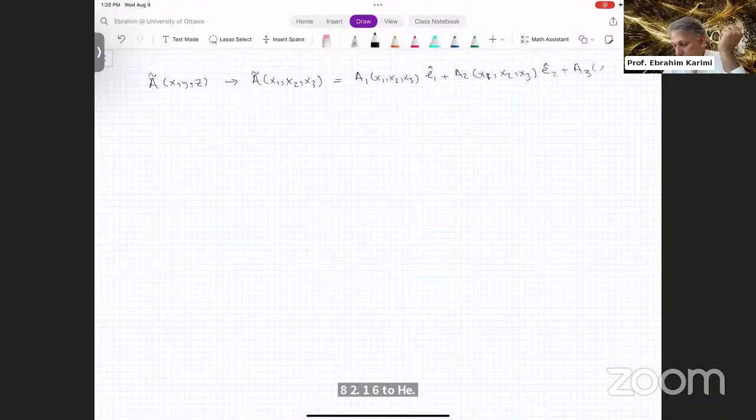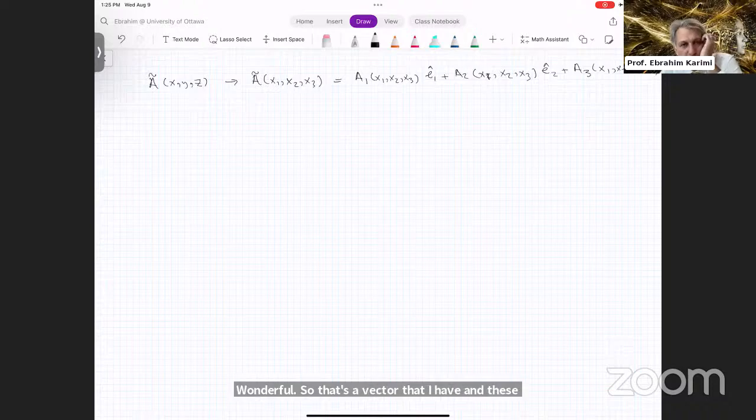Wonderful. So that's a vector that I have, and these vectors are position dependent.